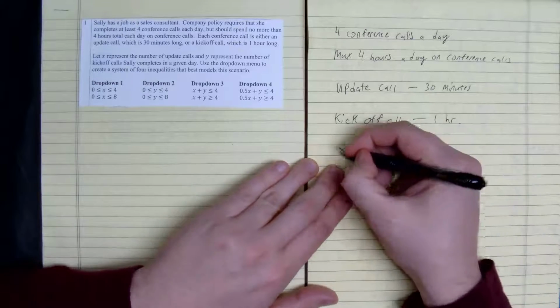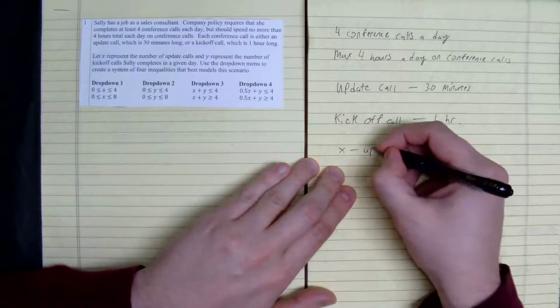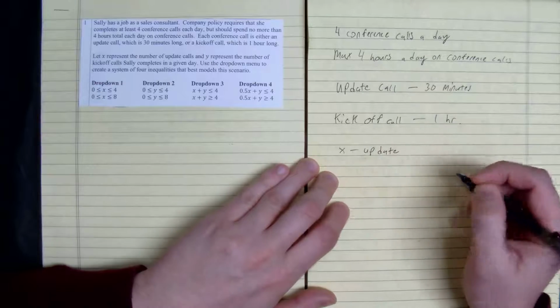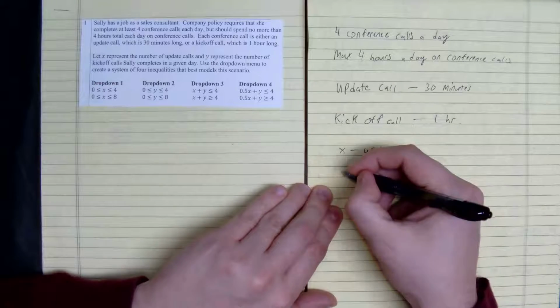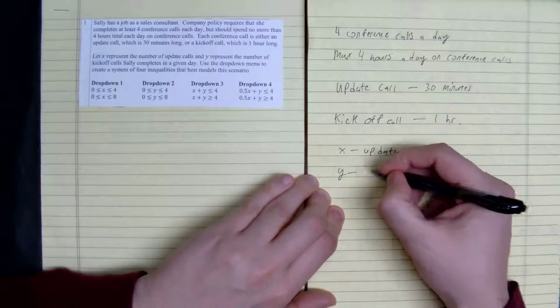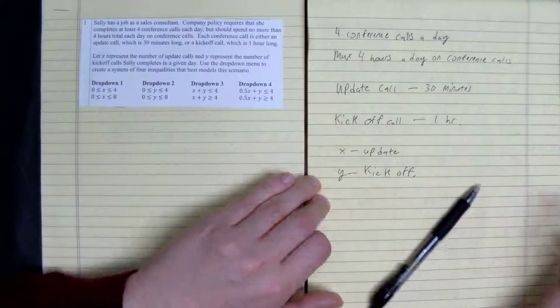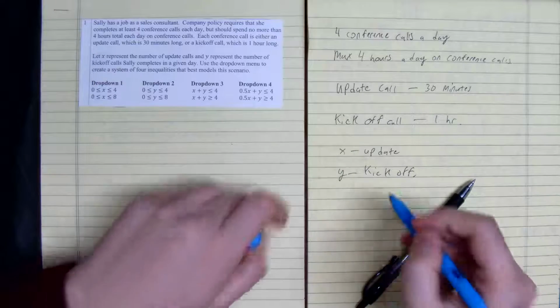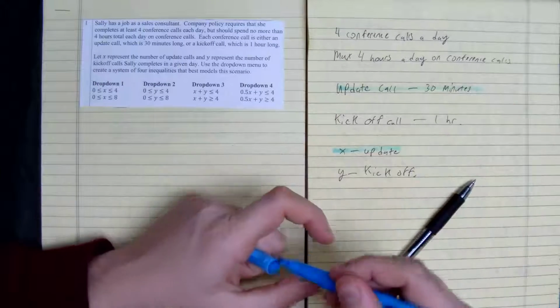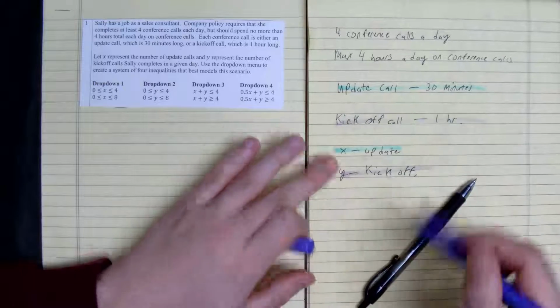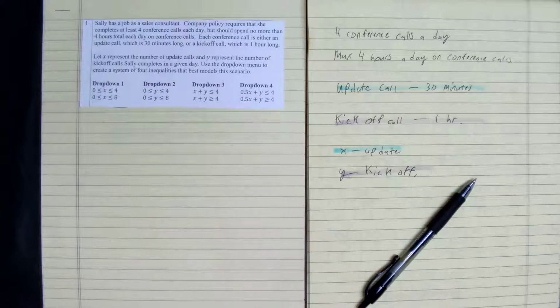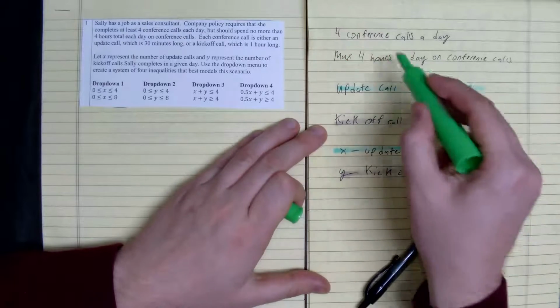Let X represent update calls and Y represent the number of kickoff calls. Okay, so X is update calls and Y is kickoff calls. And remember the max they can do.